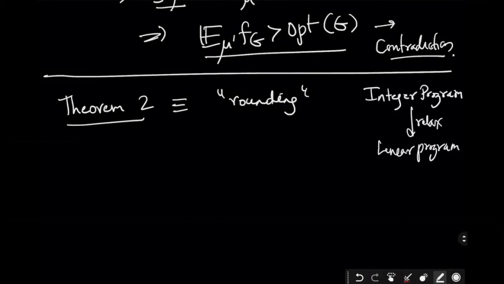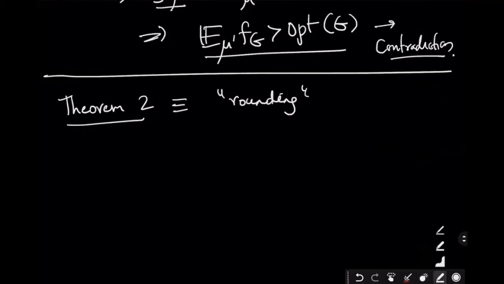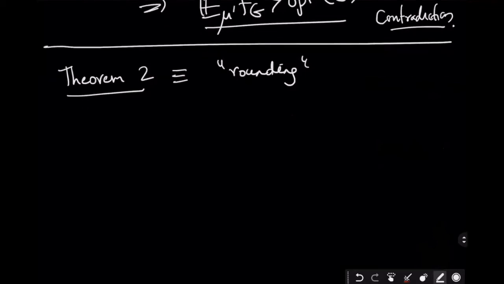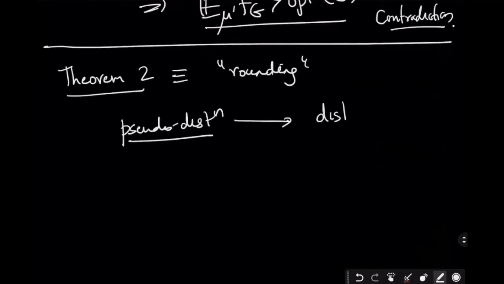That's where the terminology comes from. We're going to stick to the same terminology, but interpret it more generally. For us, a rounding is simply an operation that takes a pseudo distribution and converts it into a distribution.